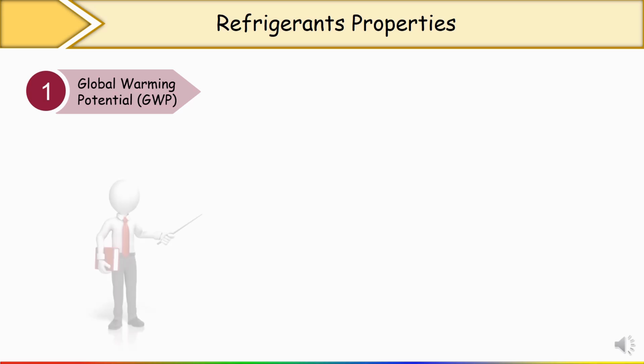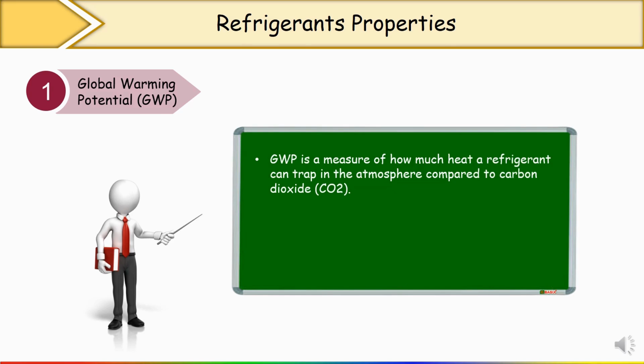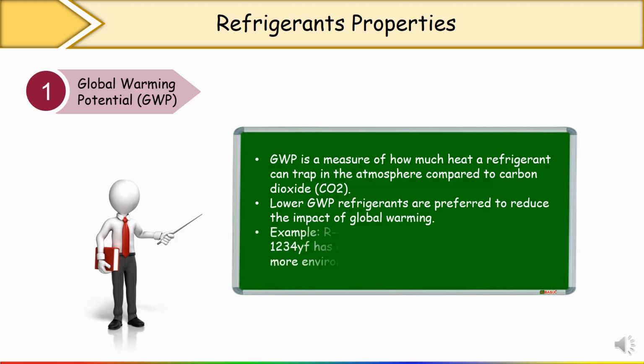What is this? In short, GWP is a measure of how much heat a refrigerant can trap in the atmosphere compared to CO2. Lower global warming potential refrigerants are preferred to reduce the impact of global warming.